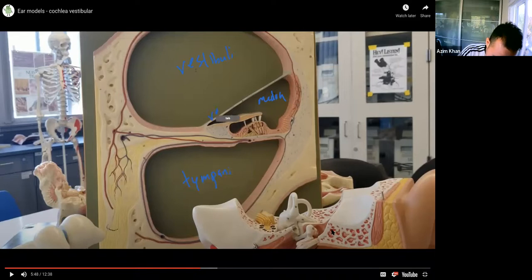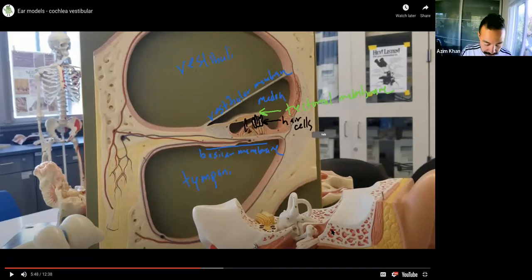You've got your vestibular membrane, your basilar membrane, tectorial membrane, represented here are hair cells with stereocilia within the organ of Corti.